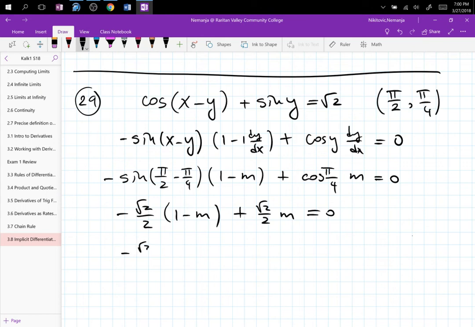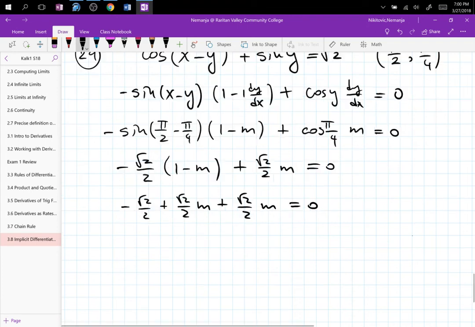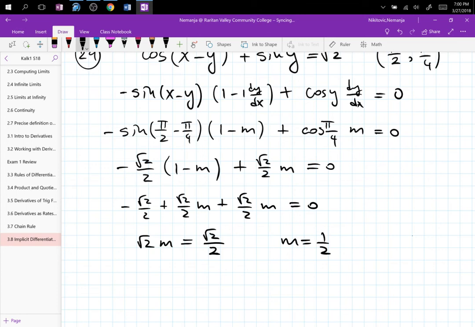I get negative root 2 over 2 plus root 2 over 2 m plus root 2 over 2 m is equal to 0. And when I add these two, I get root 2 m, because half plus half is 1, right? So root 2 m is equal to root 2 over 2, from where clearly m is a half.